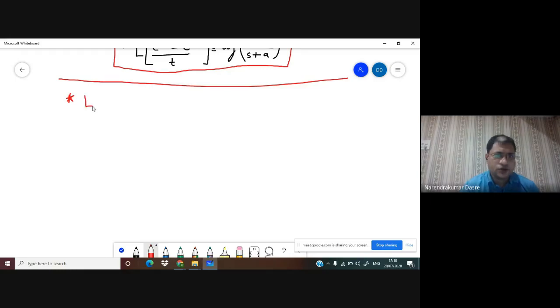So what we have to consider is the Laplace transform of a derivative.